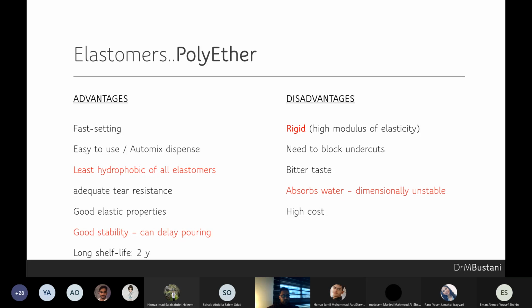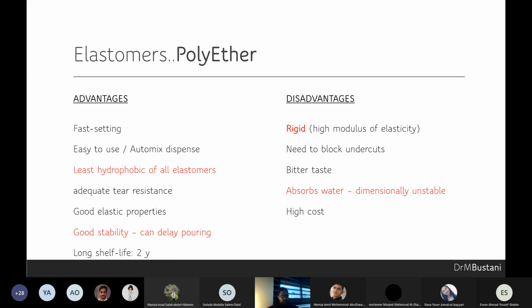Disadvantage: it's the most rigid of these elastomers. So if you have undercuts or, as we say, periodontally involved teeth with lots of dead spaces or black triangles, ideally it shouldn't be used, and if it needs to be used, you need to block these undercuts with wax or some other sort of material. It doesn't taste as good as silicones.